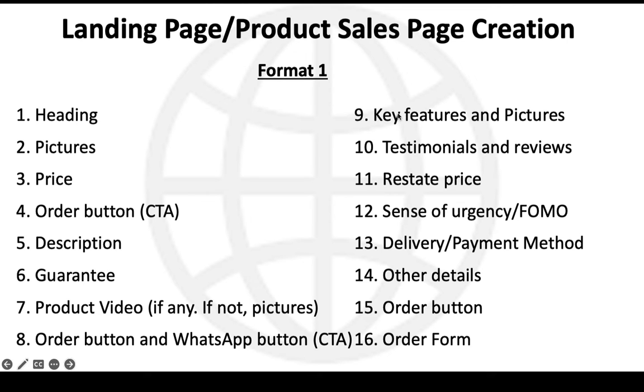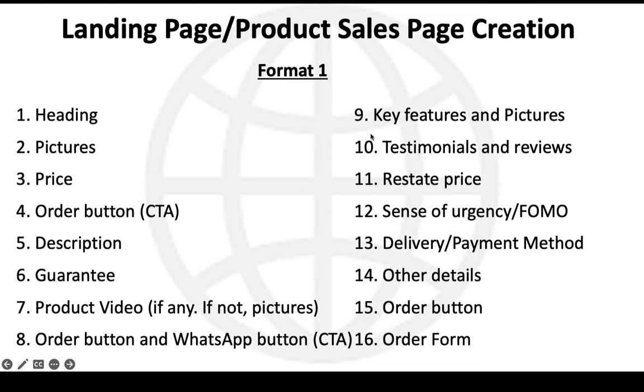Features don't sell, benefits sell. So you list the features, then you list the features in form of benefits. So you explain that way for them to know what they stand to gain buying your product. Very, very important. I will repeat, features don't sell, benefits sell.